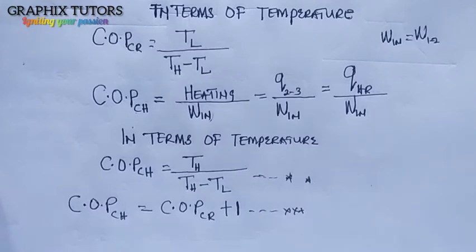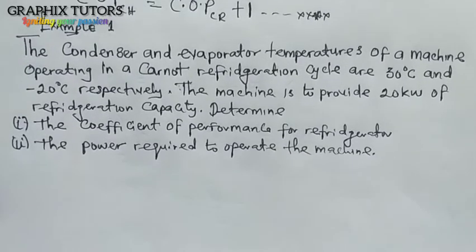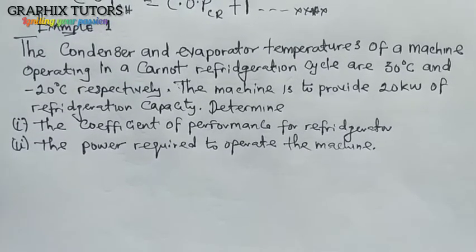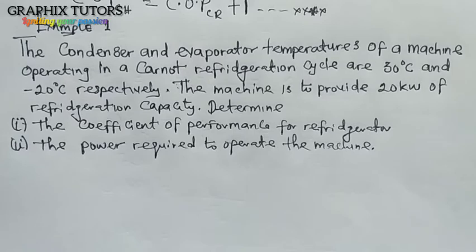So example 1. Now let's analyze the example. It says the condenser and evaporator temperatures of a machine operating in a Carnot refrigeration cycle are 30 degrees centigrade and minus 20 degrees centigrade respectively.